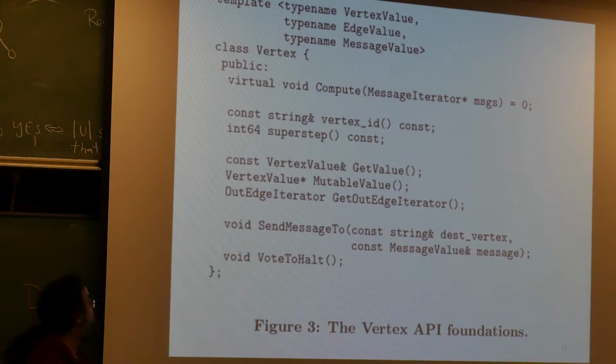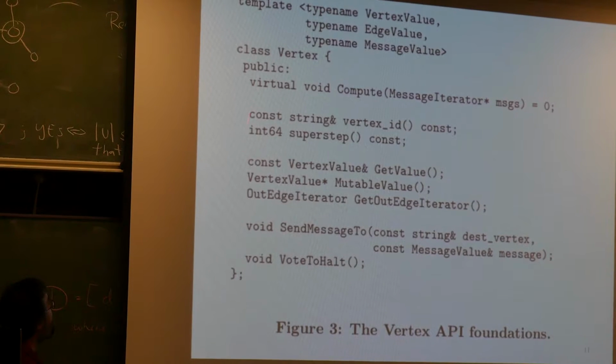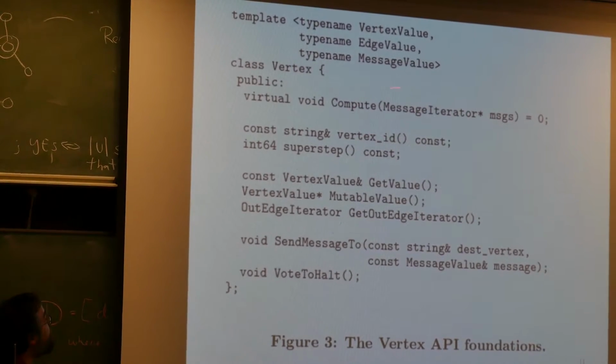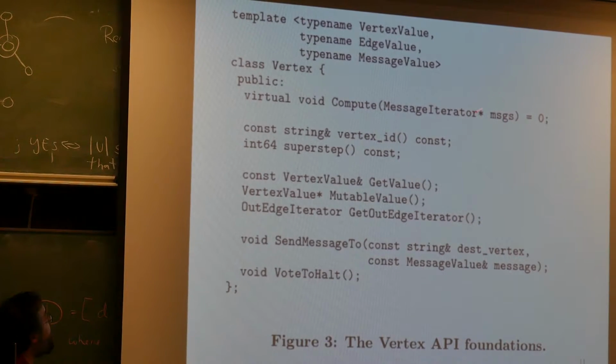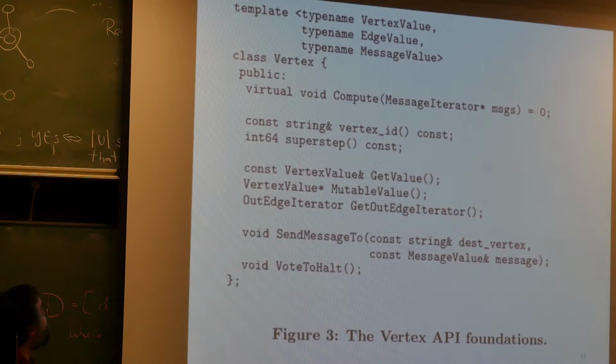So what does this look like more concretely? Here's the API, which looks really ugly because it's C++, so that's what you do. There's basically one function when you're defining a vertex, called compute. It takes a list of incoming messages, or an iterator over incoming messages. There's a function you can call to tell you what superstep you're in.